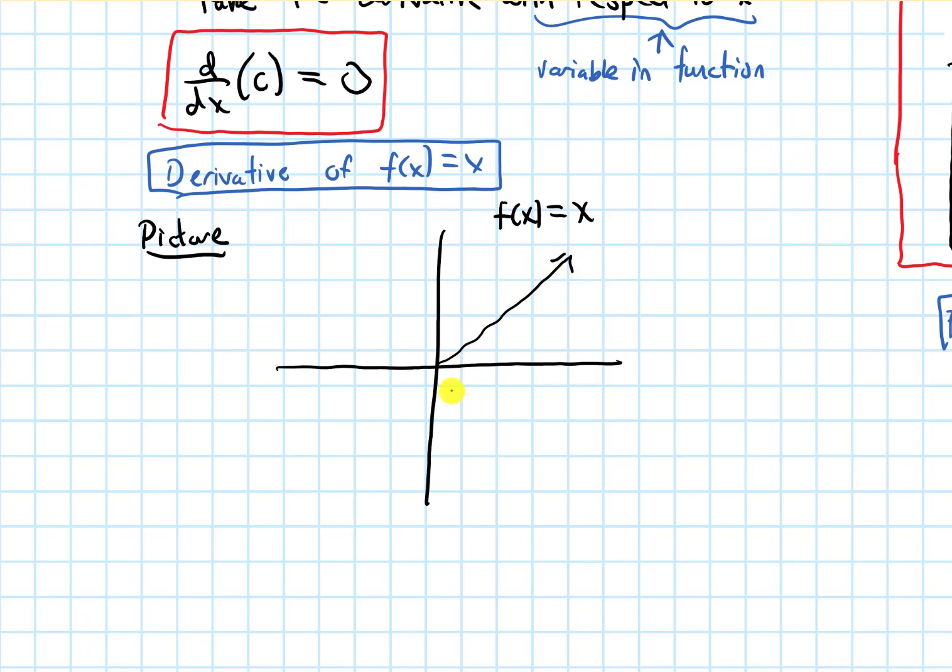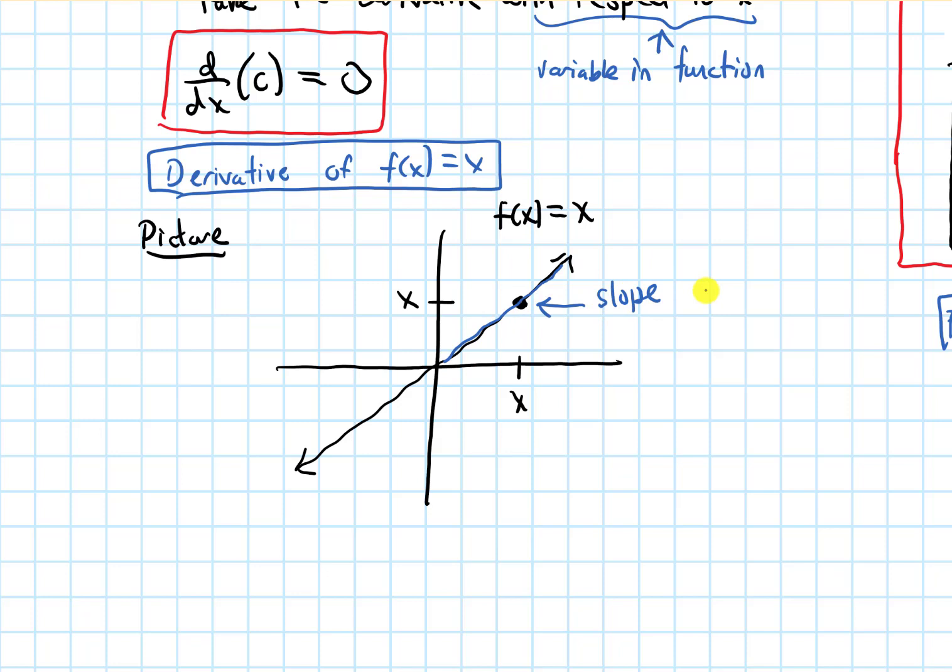It looks like this. And if I take a point on the graph, let's label this x coordinate as x, the y coordinate at that point would also be x. But if I draw the tangent line at that point, that tangent line would just lie perfectly along this line.